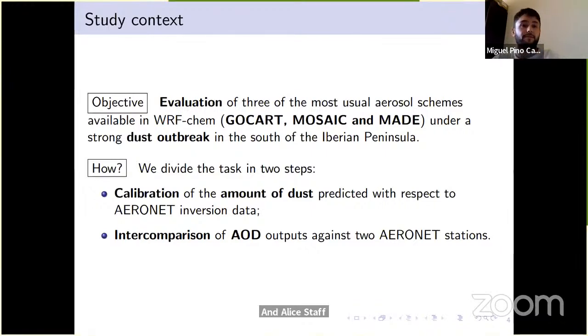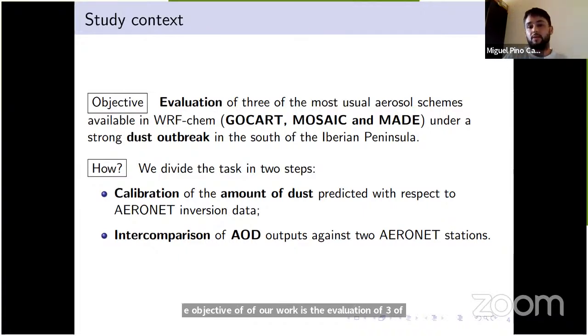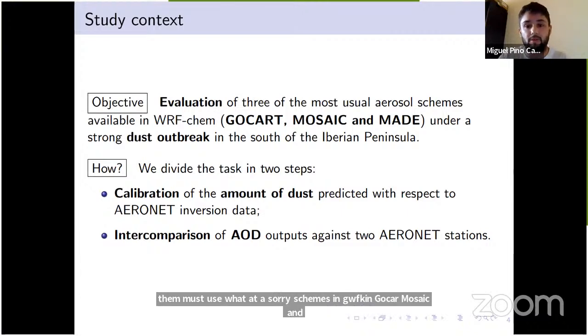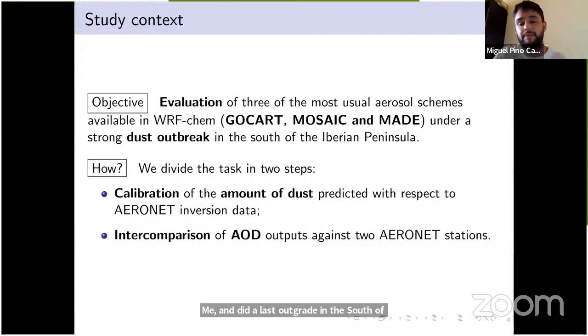Let's start first with some study context. The objective of our work is the evaluation of three of the most usual aerosol schemes in WRF-Chem: GOCART, MOSAIC, and MADE, under a dust outbreak in the south of the Iberian Peninsula that occurred between the 22nd and 25th of July 2021.